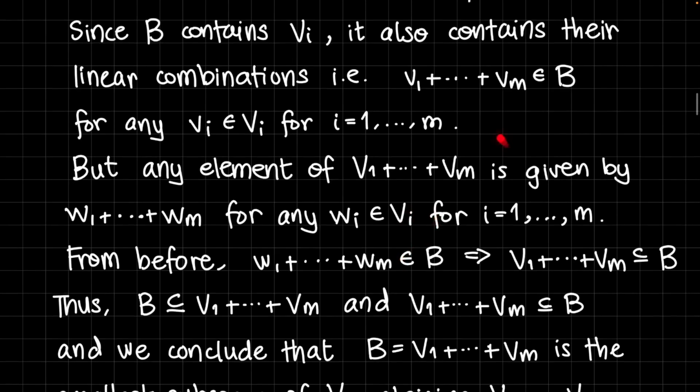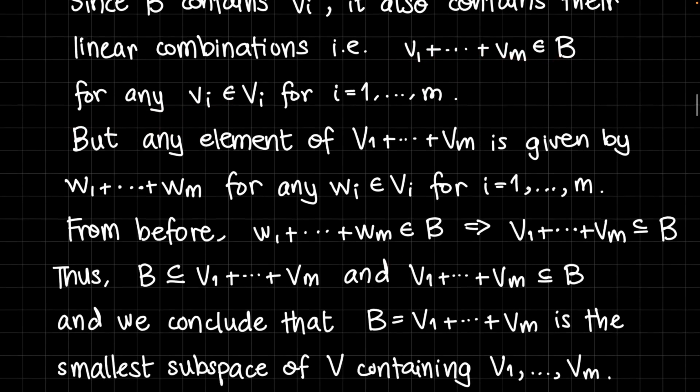Then from before we saw that such a combination has to be in B. So each element of the subspace sum has to be in the set B.